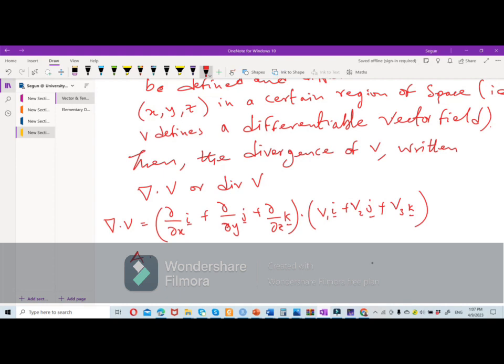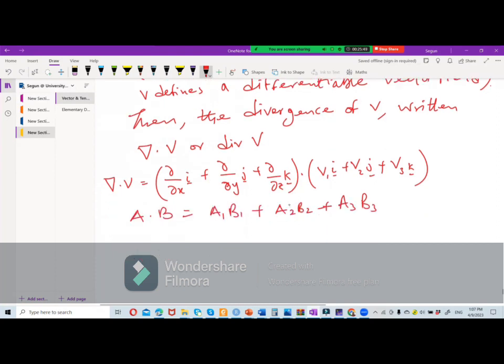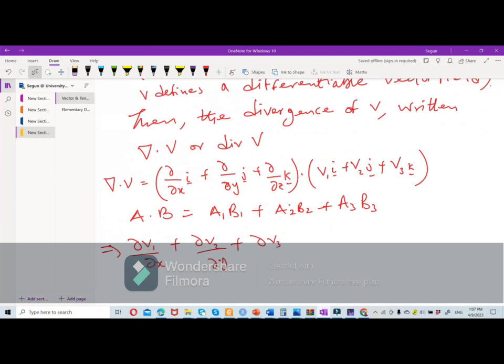Remember, when we have a dot b, it's the same thing as a1 b1 plus a2 b2 plus a3 b3. That is component by component. So we're going to do the same thing to this one. It implies that dv1/dx plus dv2/dy plus dv3/dz.